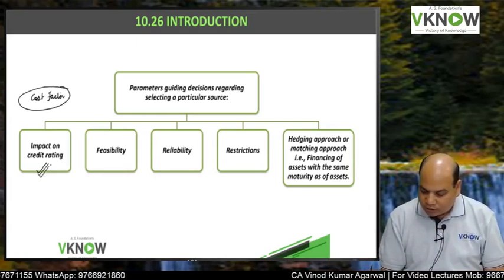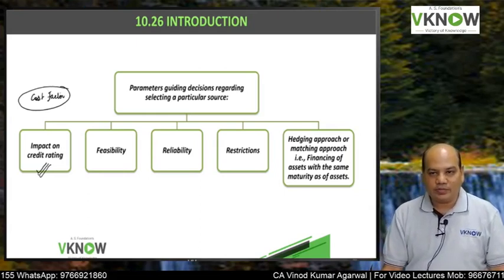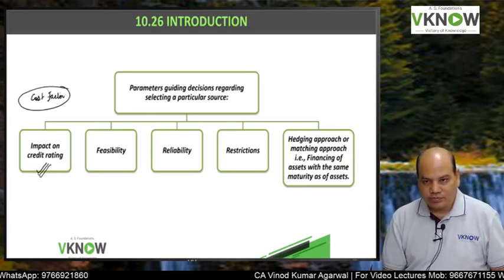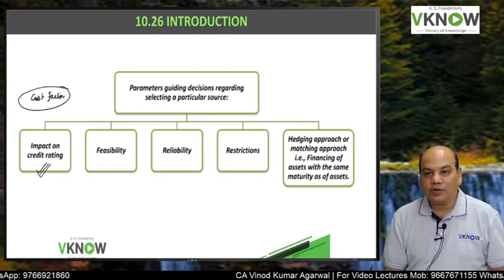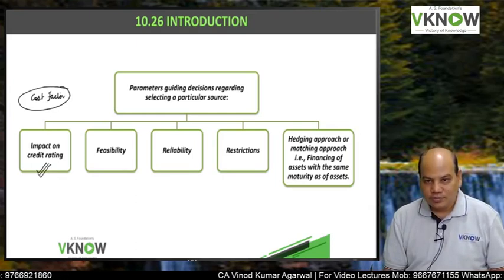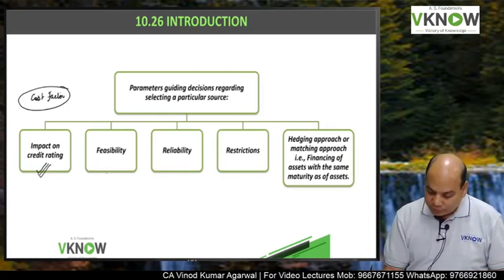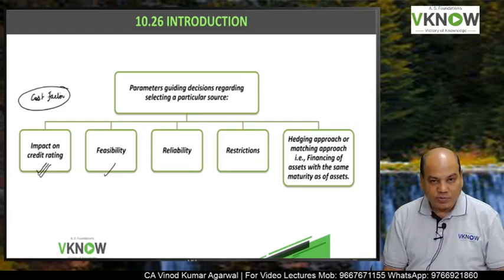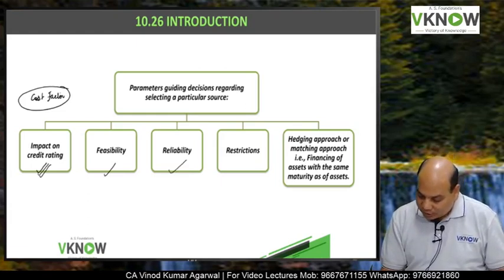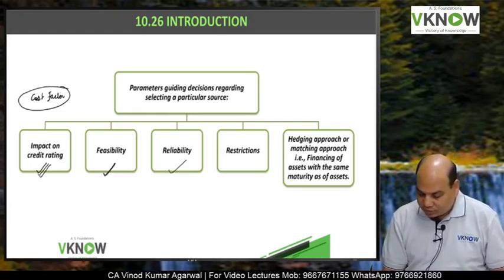Second is, how does it affect your credit rating or credit worthiness? Too much borrowing can affect credit worthiness. Others will not give you a loan if you are already into too much debt. Then you have to analyze the feasibility and reliability.